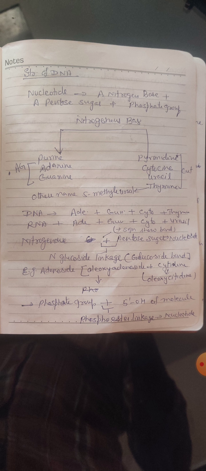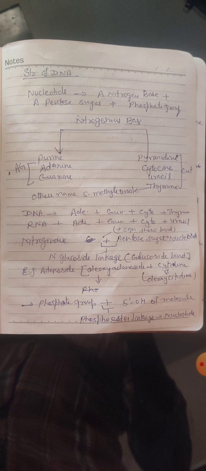You will not get confused if you learn it this way: purine you call AG, and pyrimidine you say CUT. AG is purine, and CUT is pyrimidine.